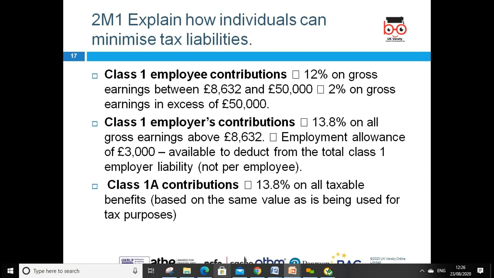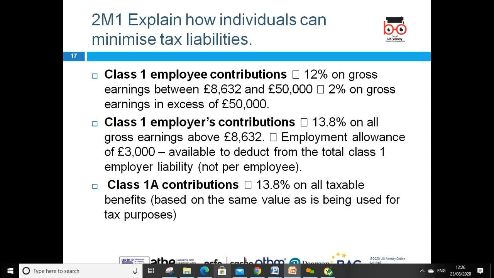Okay, this is an example now. Employee's contribution is 12% on the gross earning between 8,632 and 50,000. There will be a 12% NI contribution. So guys, think about it: 12,500 is free of tax, but NI contribution applies after 8,632.